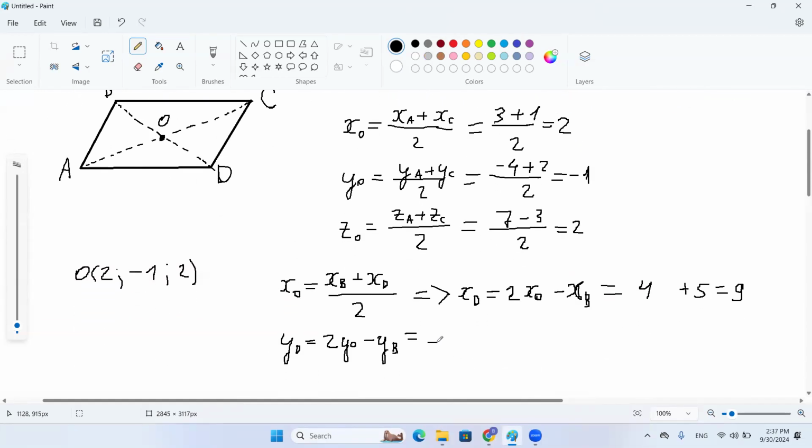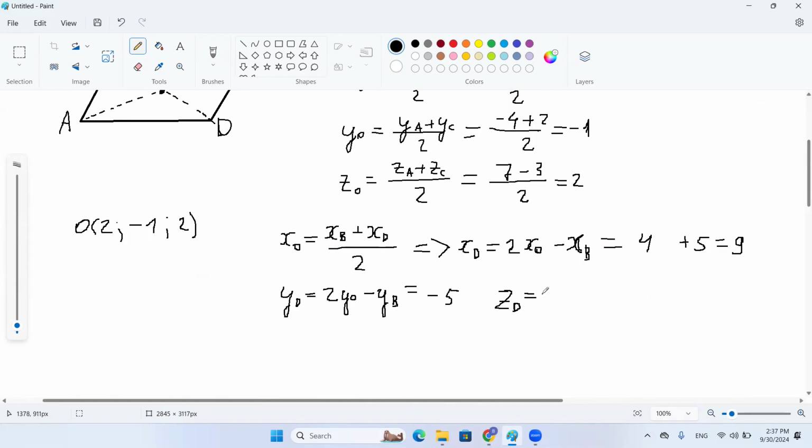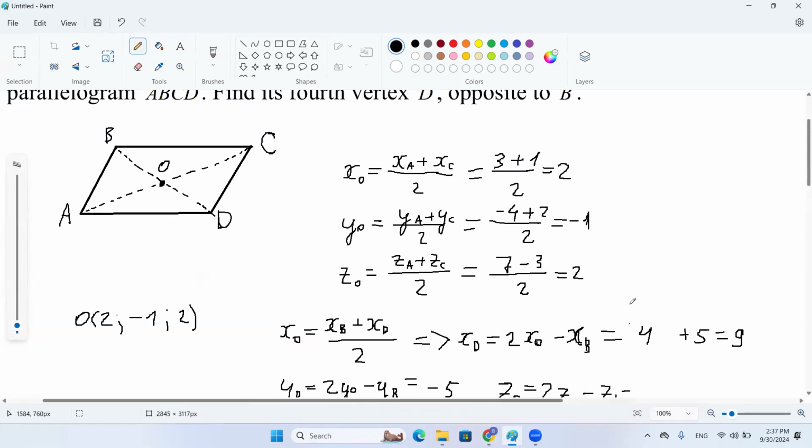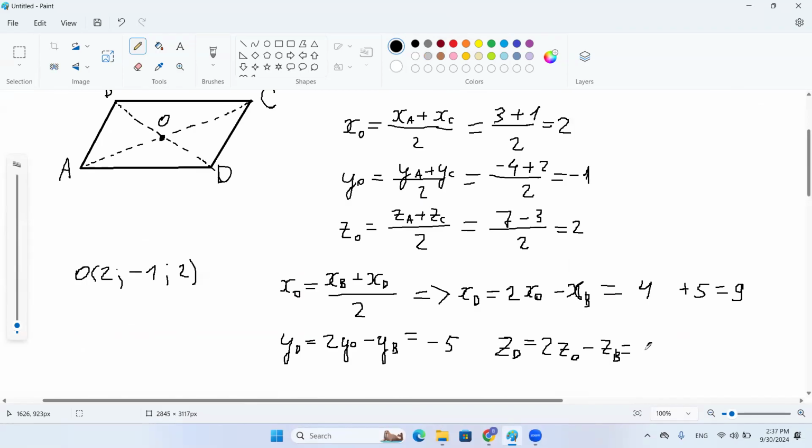Yeah, -5. Now you can just answer without raising your hands. ZD. So 2ZO minus ZB, and it equals 6. Yeah, it equals 6.